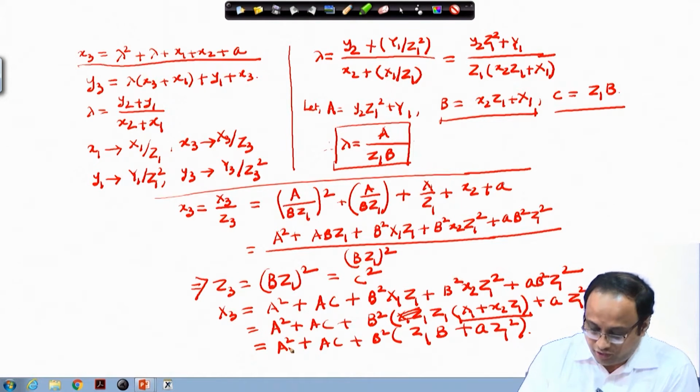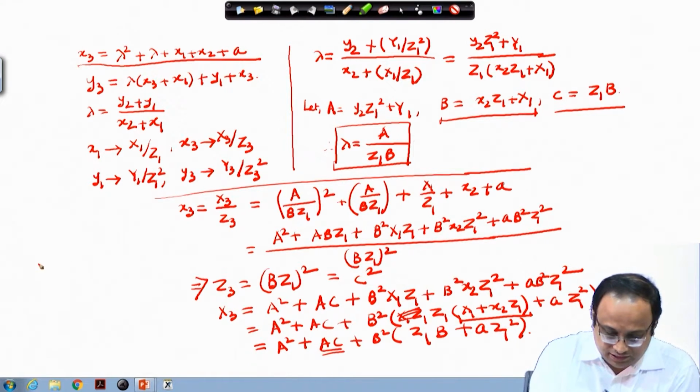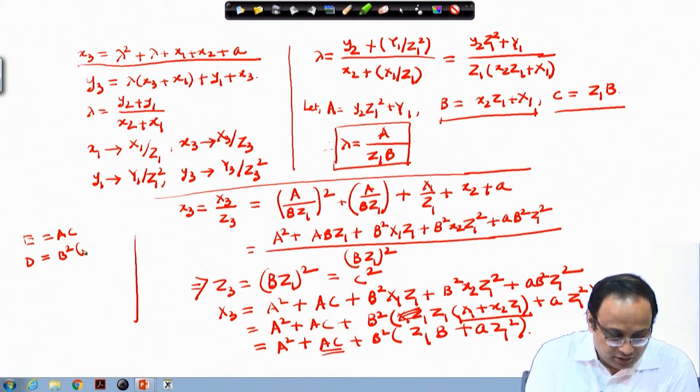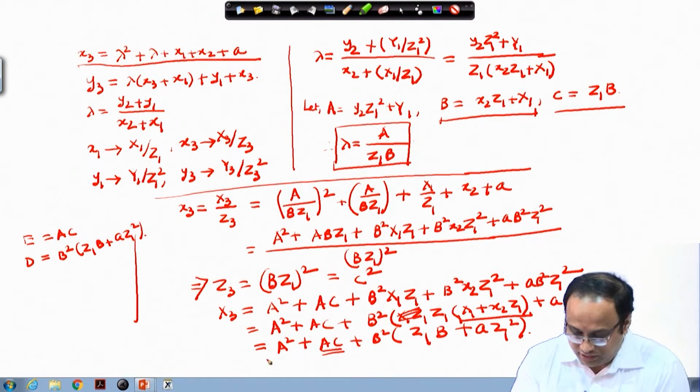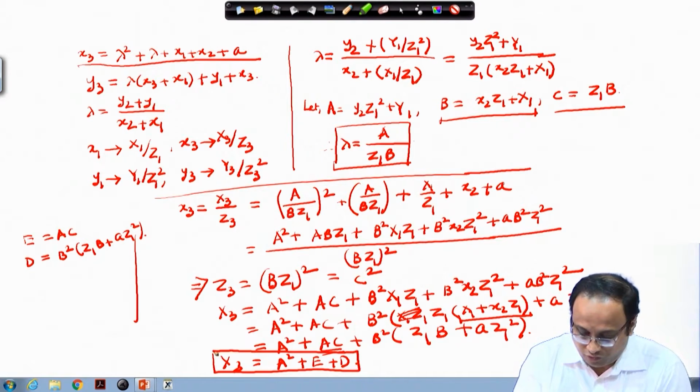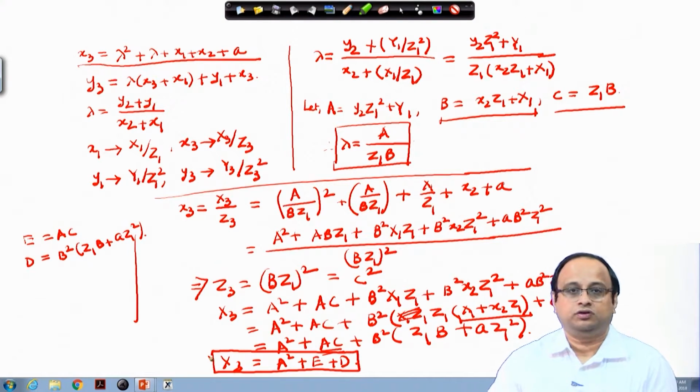For example, this AC I can write as E, so E is equal to AC, and D is equal to B square into (z1 B plus A z1 square). If I write this, then X3 becomes equal to A square plus E plus D. This is the more compact expression for X3.